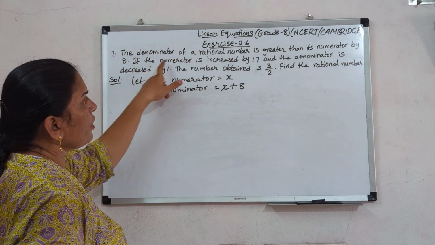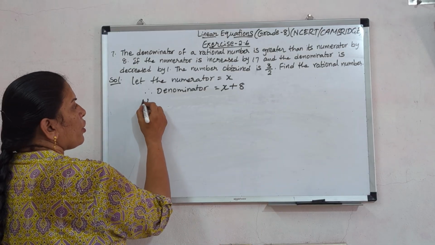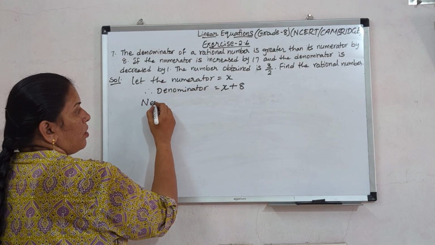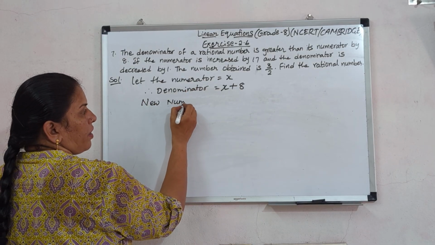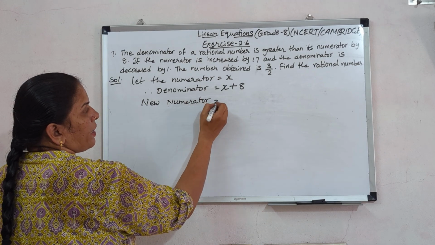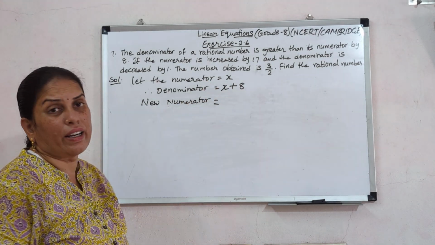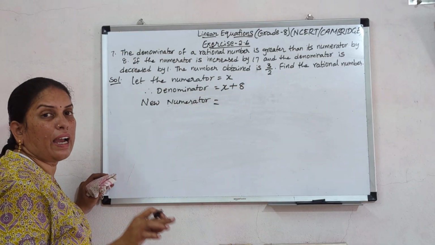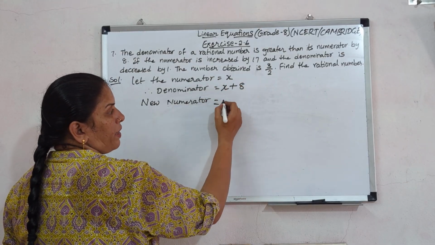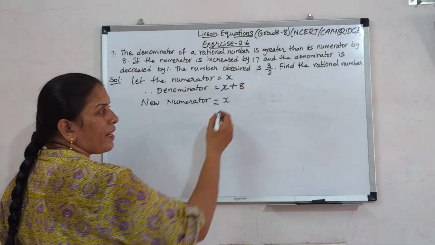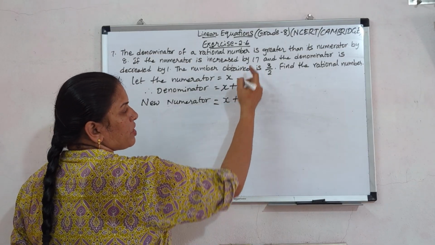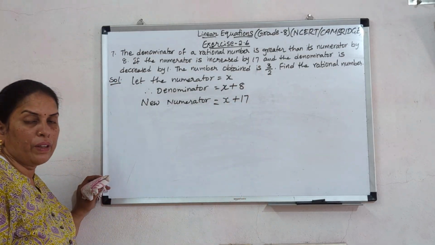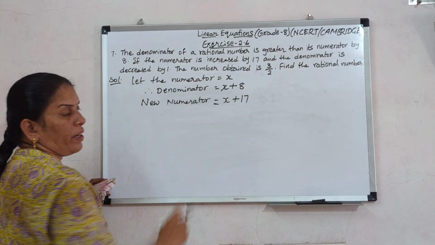Next, if the numerator, that means the new numerator, this is the previous one. New numerator we are writing. If the numerator is increased by 17, you must add 17 to this one. Increasing means adding. This is the numerator I am taking. How much must you add? 17. Understood, ma? This is the new numerator.